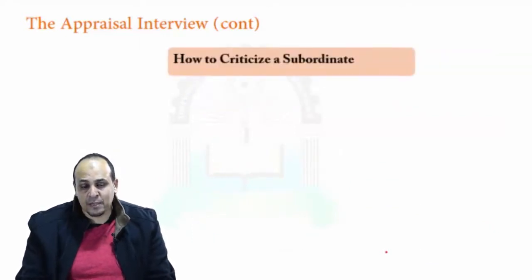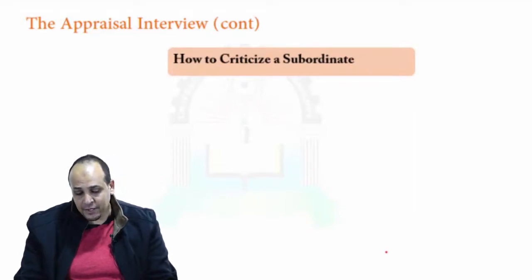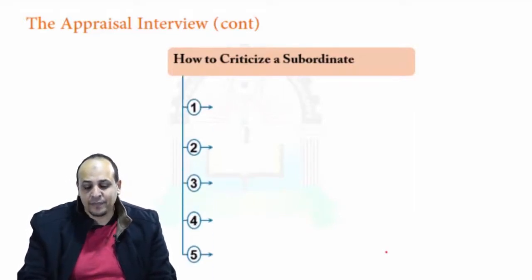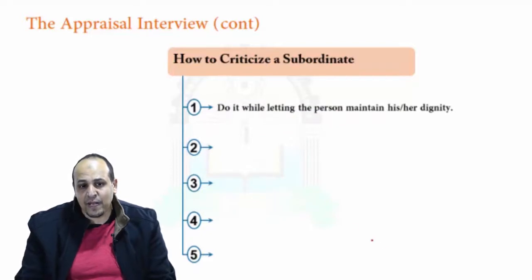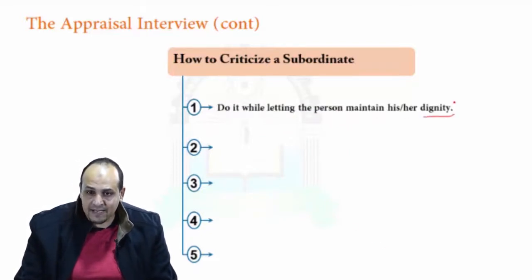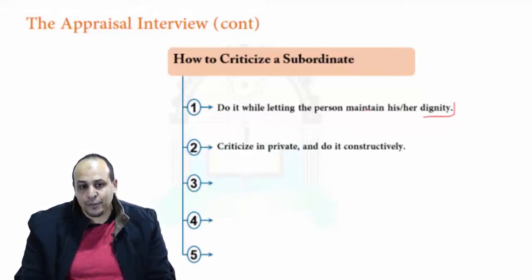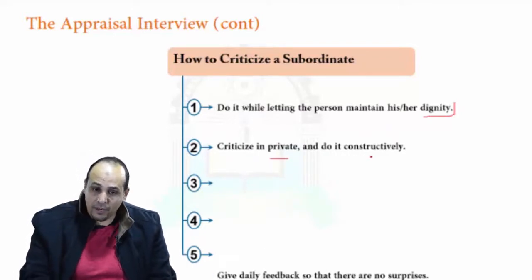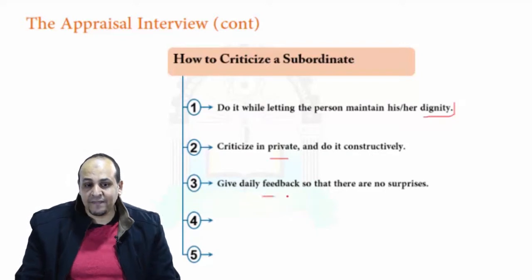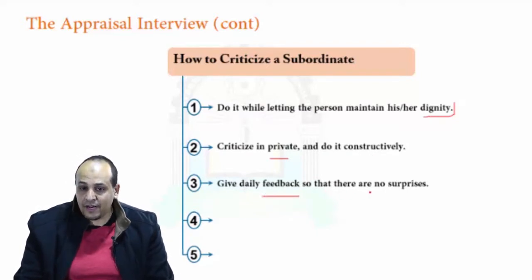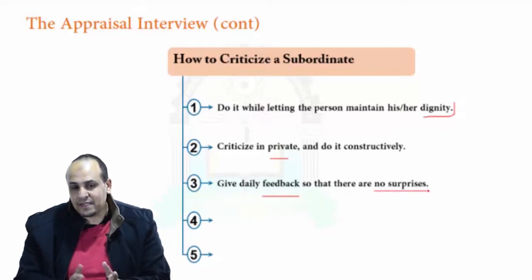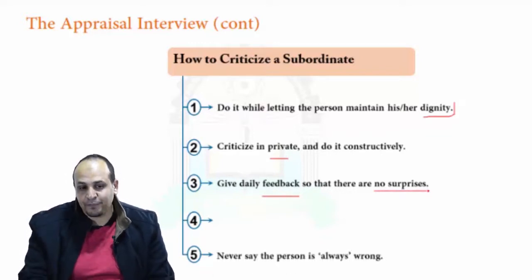How to criticize a subordinate? Should we do that based on poor performance? For example, do it while letting the person maintain his or her dignity, and doing that is by referring to job-relevant issues. Criticize in private and do it constructively based on requirements. Give daily feedback so that there are no surprises, and besides, the amount of things that should be amended will not be huge.